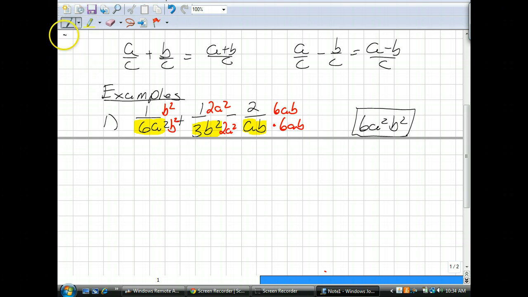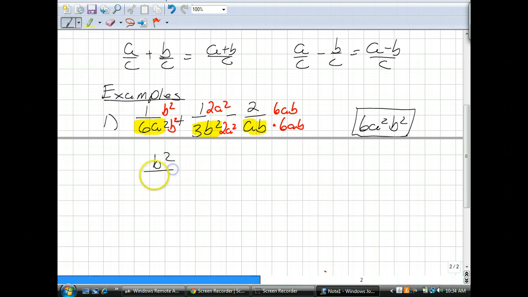Then I would get b squared over 6a squared b squared plus 2a squared over 6a squared b squared minus 12ab over 6a squared b squared.